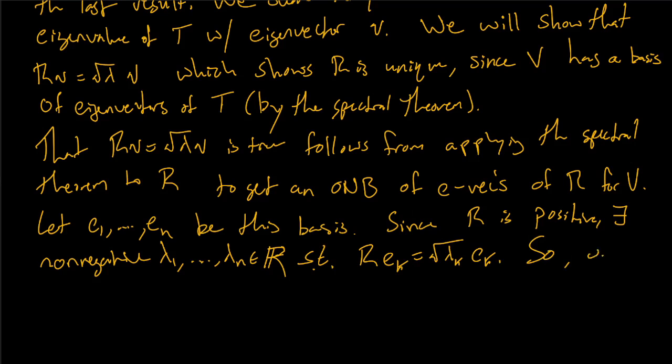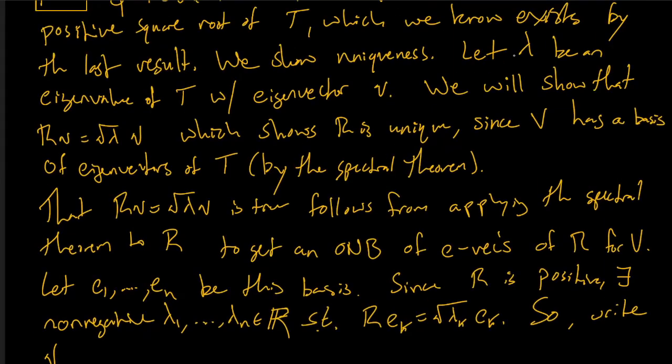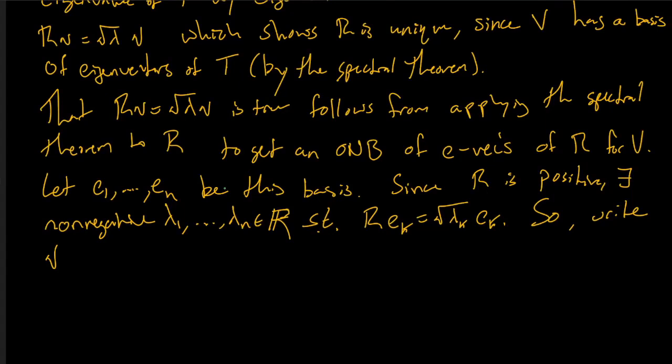So write our v, which we're calling back here. Remember, let lambda be an eigenvalue of T with eigenvector v. Write v in terms of this new basis as a1 e1 plus dot dot dot all the way down through an en. Okay?